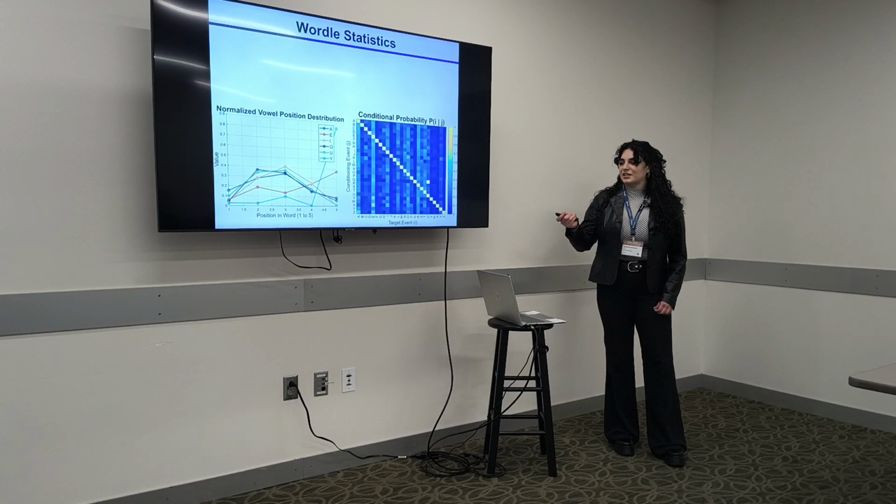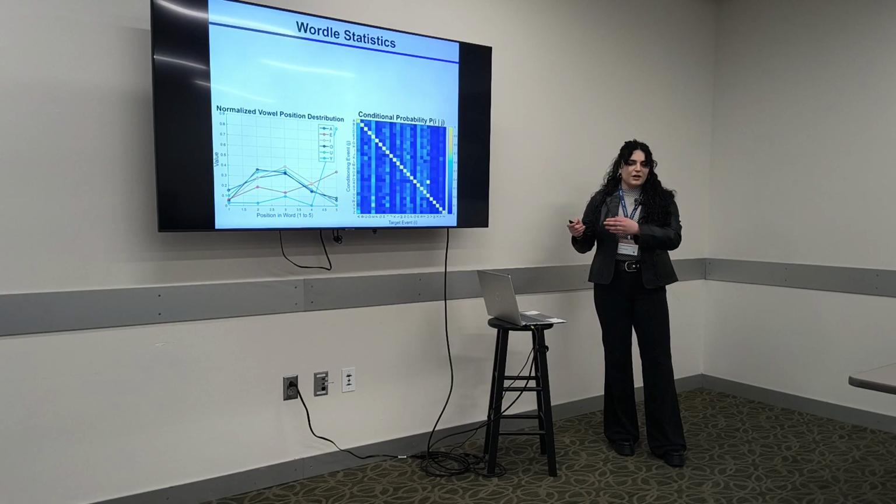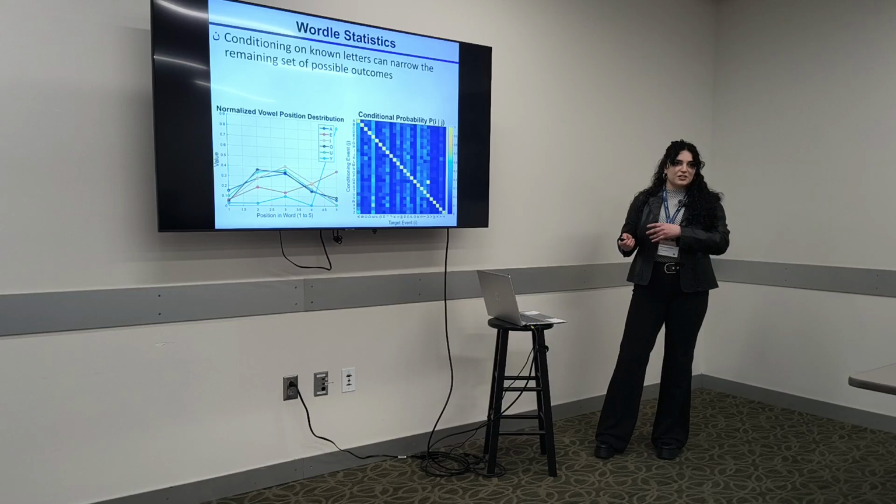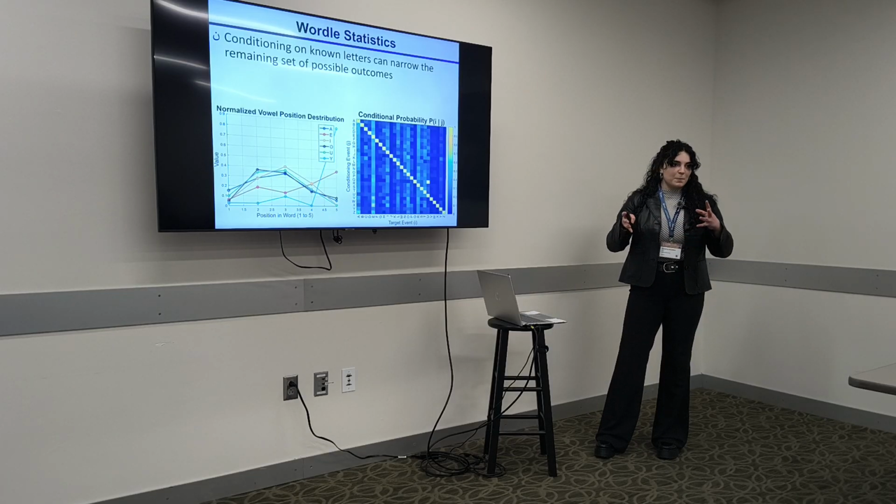See here that there's a conditional probability matrix that conditions the columns by the rows. Conditional probabilities are really helpful to lower your set of possible outcomes if you have information about the answer already. So it's helpful specifically in regards to Wordle.